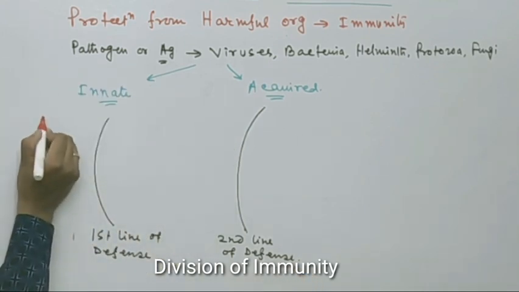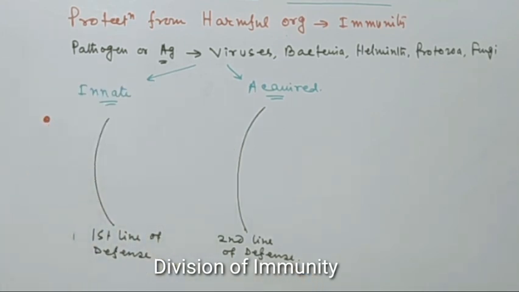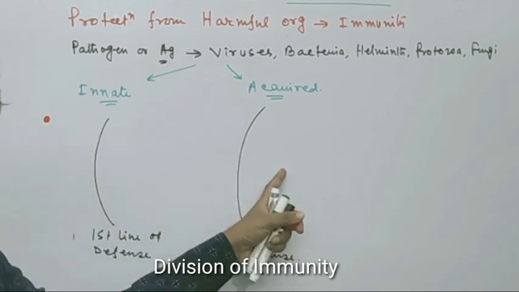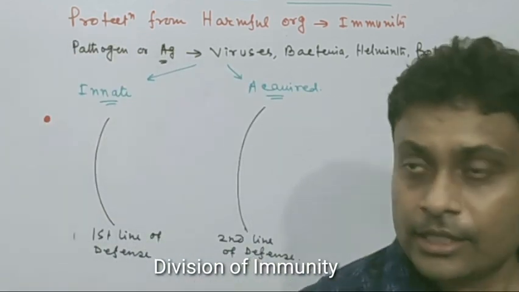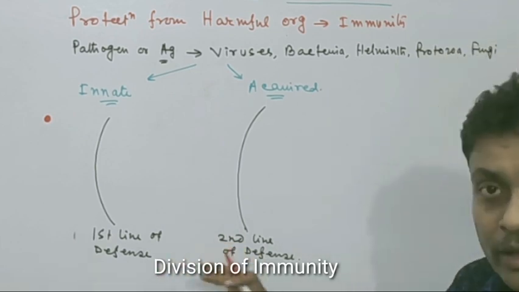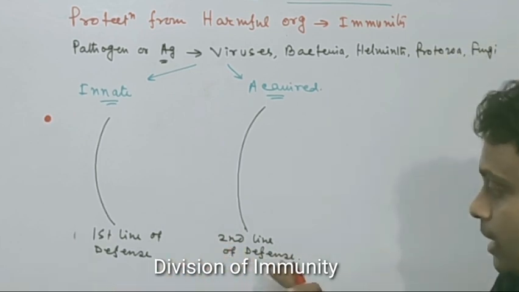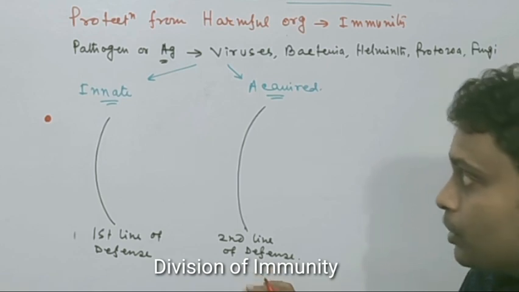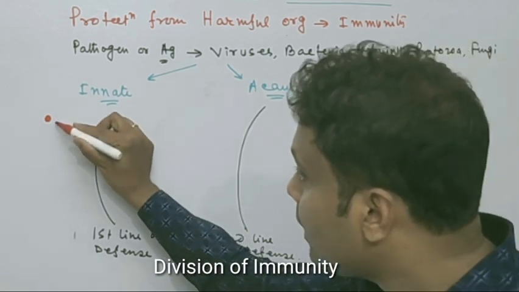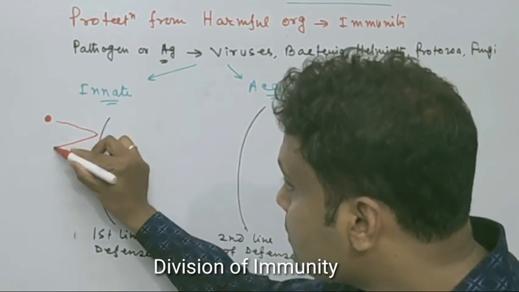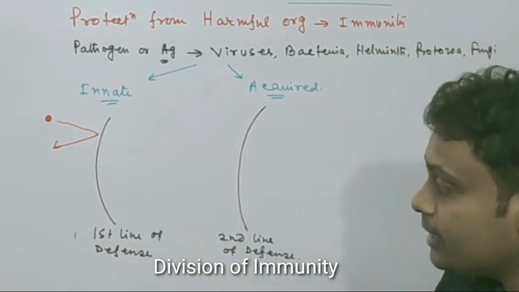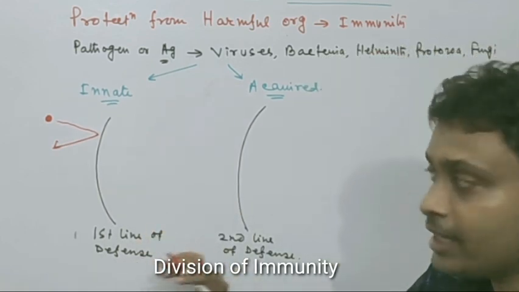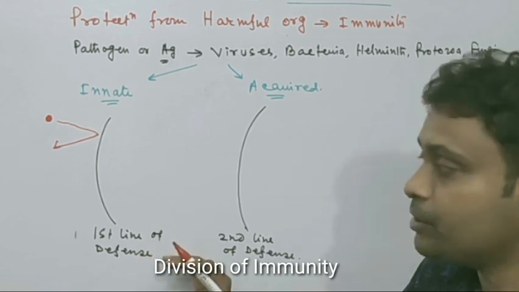So when any pathogenic microorganism is trying to enter into our body, it must cross these two lines of defense, the first line and the second line. Most of the antigens cannot cross this first line of defense. They are killed in the first line of defense, in the field of innate immunity.